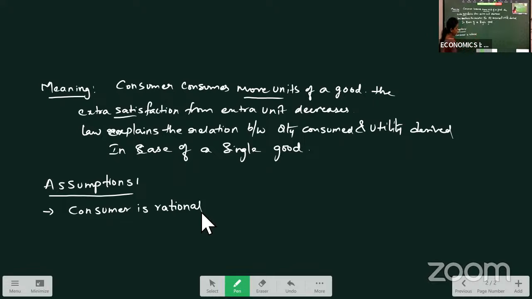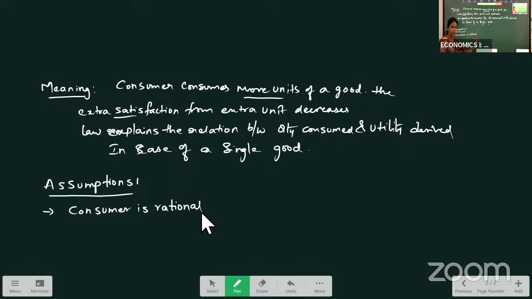Rational means every time the consumer wants maximum satisfaction. As consumers, we all feel the same. Whenever we purchase any commodity, even a 1 rupee chocolate, you want complete satisfaction from it. That is what rationality means.